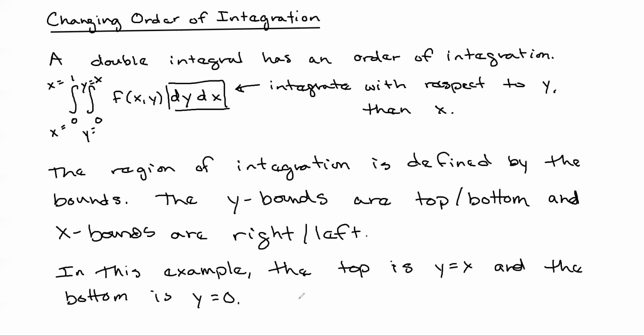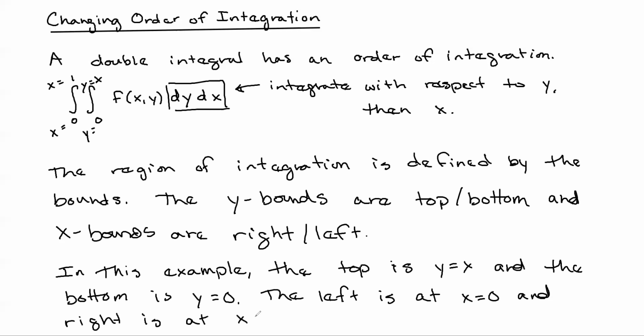And then the left is at x equals 0 and the right is at x equals 1. So once you've got that information, you can use it to sketch the object.